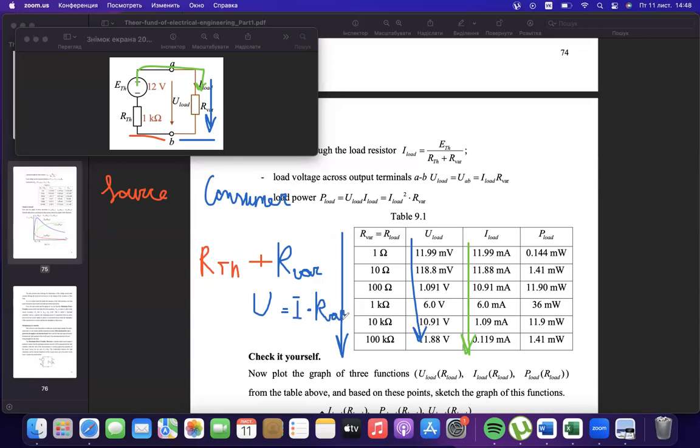We have a situation where current decreases and resistivity increases. The voltage will depend on which process is quicker. If resistivity increases faster than current decreases, we will obtain an increase of voltage.